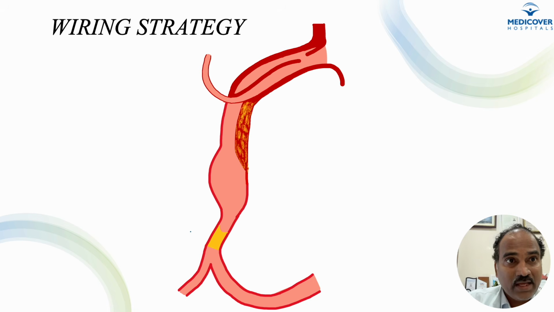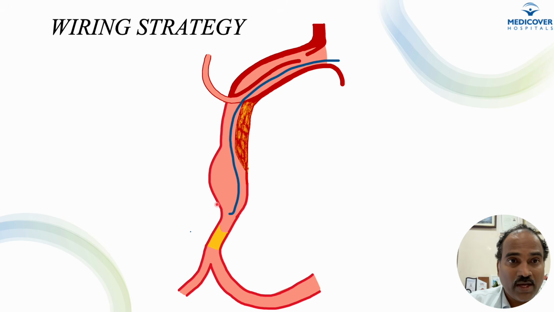And to achieve that wire position, how to do that? First wire this true lumen as well as false lumen, and you can keep an IVUS in false lumen and then take this true lumen wire back into false lumen. All of this can be done under IVUS guidance.